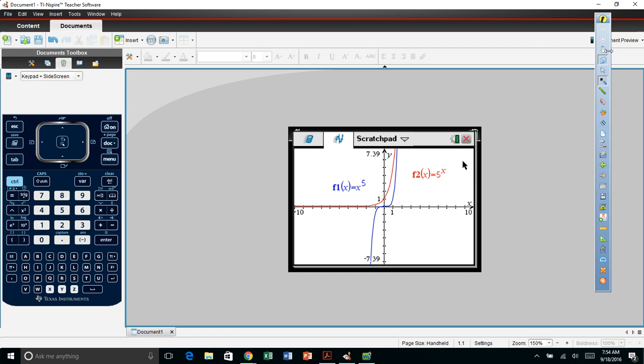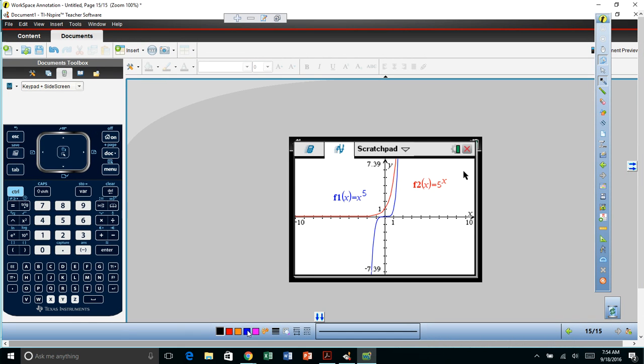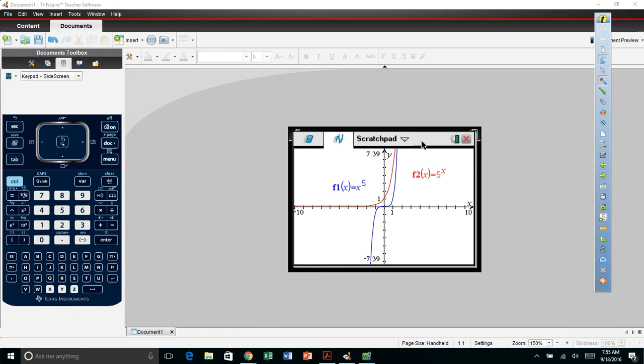Your x to the 5th, that's your power function. And 5 to the x, that's your exponential. So see how they graph kind of different.